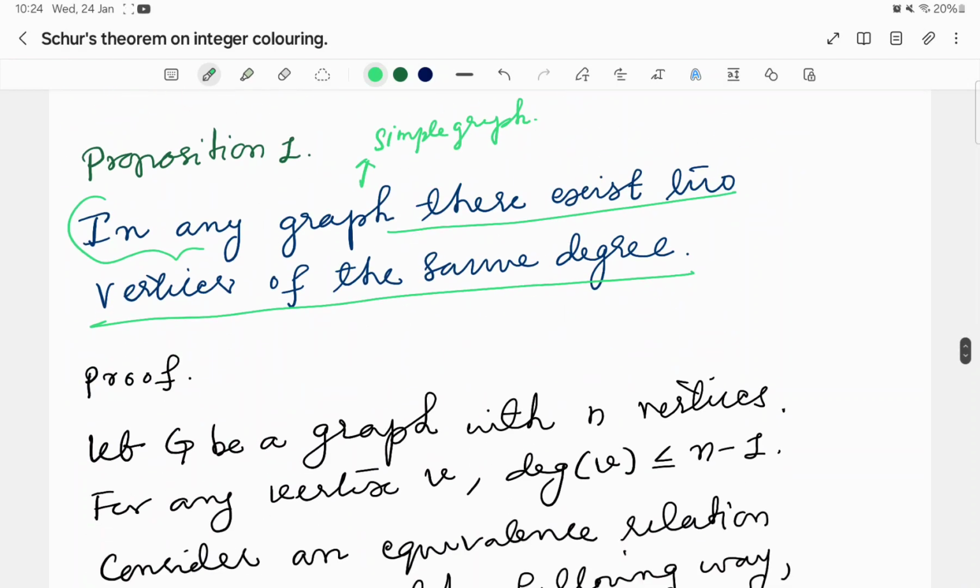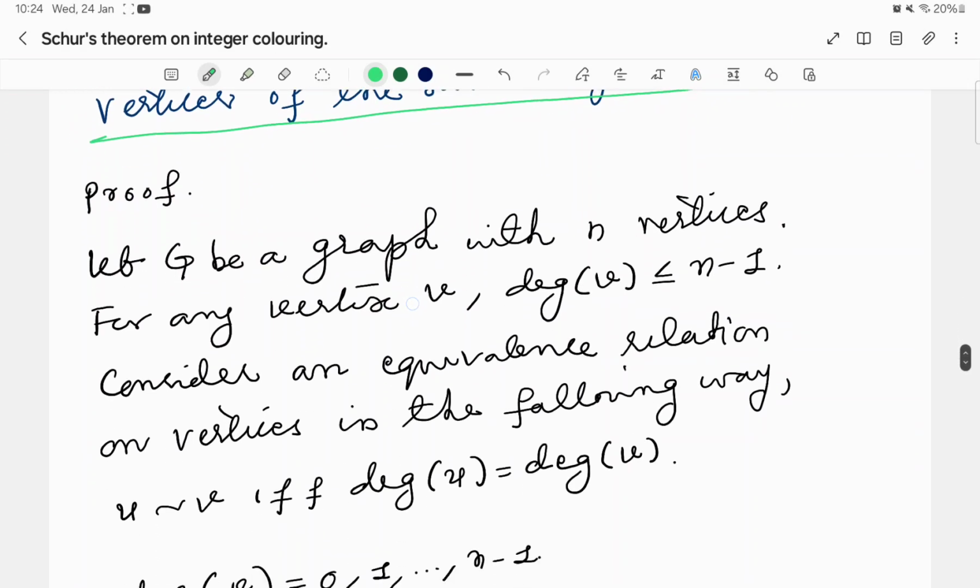Right, so let's talk about the proof. Let G be a graph with n vertices. We know that the degree of a vertex is at most n-1; we saw it happens in a complete graph. Now we want to consider an equivalence relation, a very easy relation, defined on the vertex set.